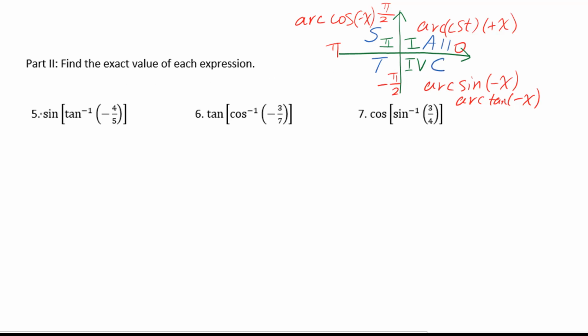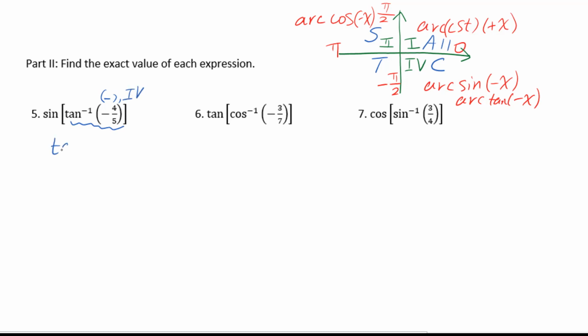Let's go to number 5. Sine inverse tangent of negative 4 over 5. For inverse tangent of negative 4 over 5, this number is negative, which means go to the fourth quadrant.